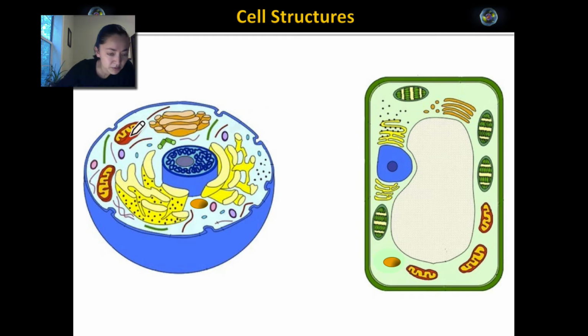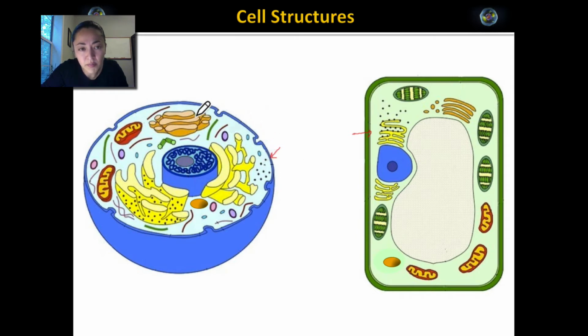All right, so we have to be able to identify all these other structures. So as I go through them, I will just tell you what they look like and what they do. So objective 4 asks you to identify the following organelles and know what they do. Now before we talk about those, I just wanted to also note that both animals and plants have the cell membrane.